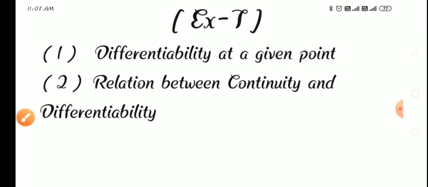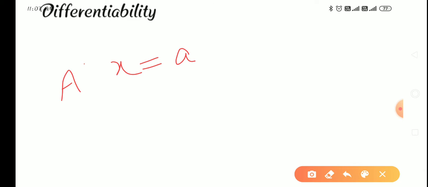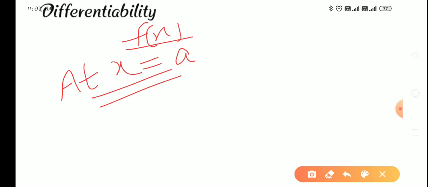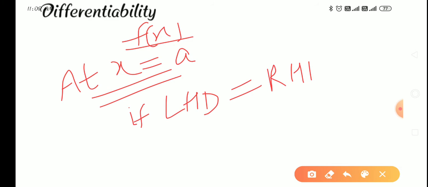A function f(x) is said to be differentiable at x equals a if LHD is equal to RHD, and they exist also.